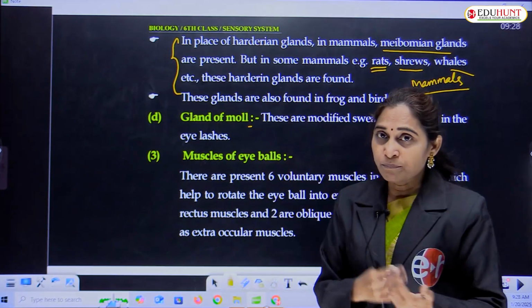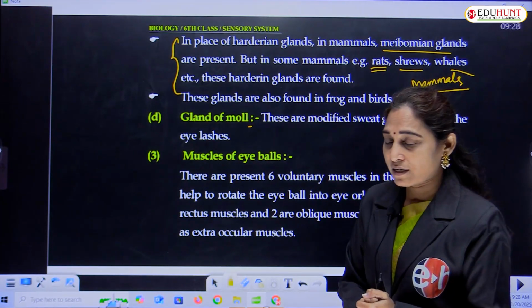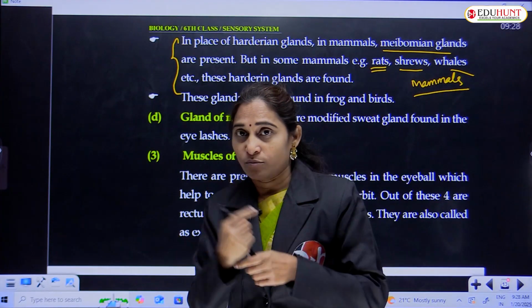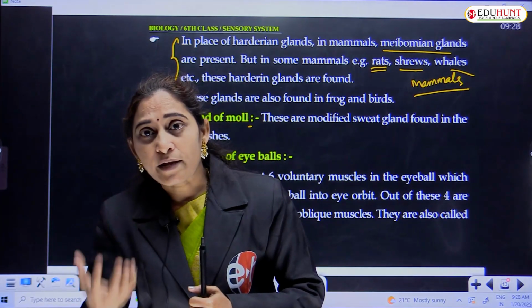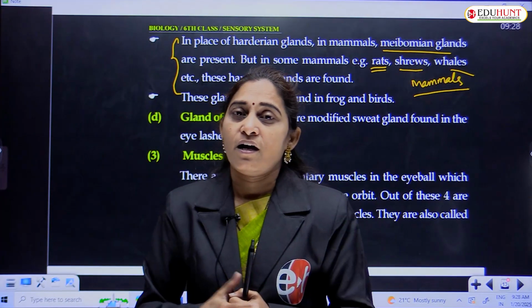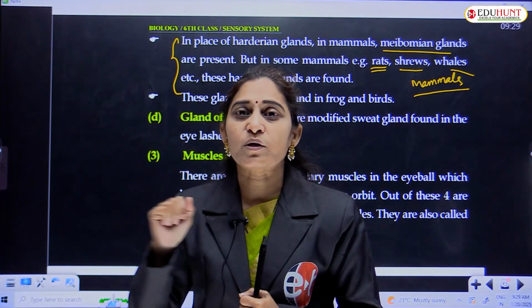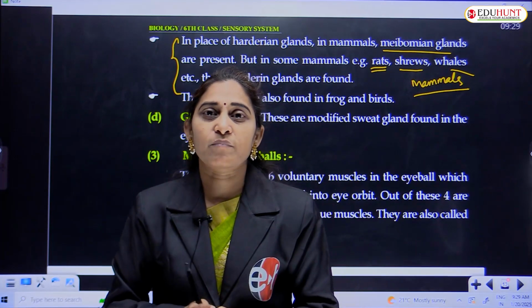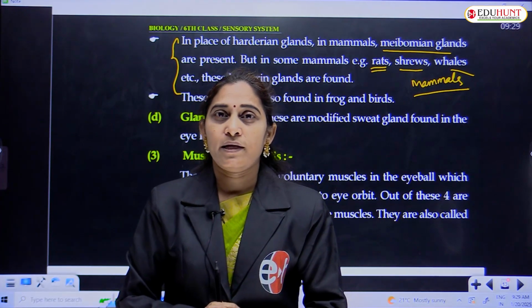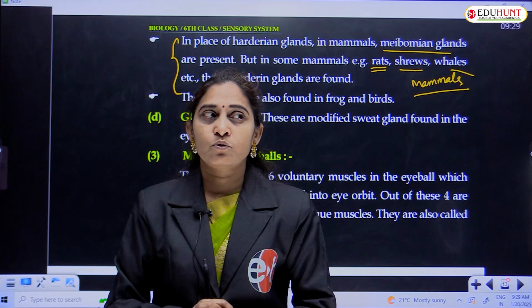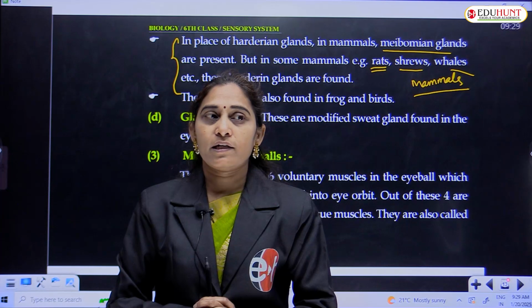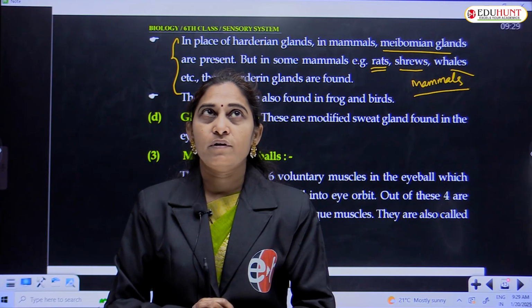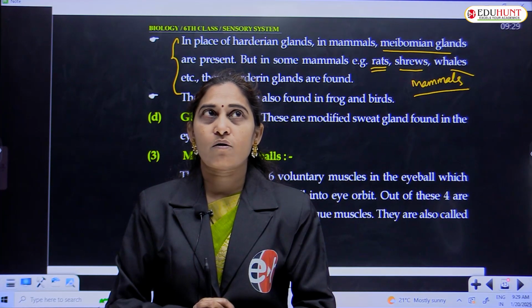Next is important concept, that is rotation, movement of eyeball. How an eyeball is moving. How we are able to rotate our eyeballs. Look at me, I am moving my eyeballs towards left, towards right, towards up and down. Even I can rotate my eyeballs anti-clockwise and clockwise.